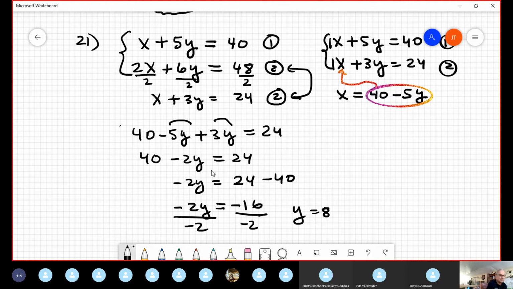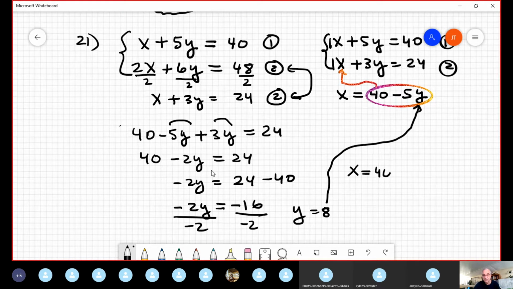If you want to find the x value, use substitution in the original equation, or in my opinion, using substitution here is much better. That is, substitute 8 here. Therefore, x is equal to 40 minus 5 times 8. 5 times 8 is 40.